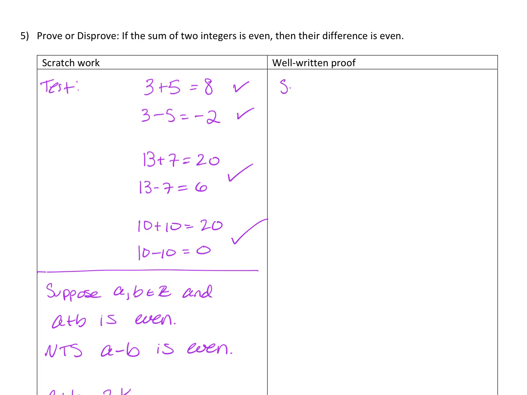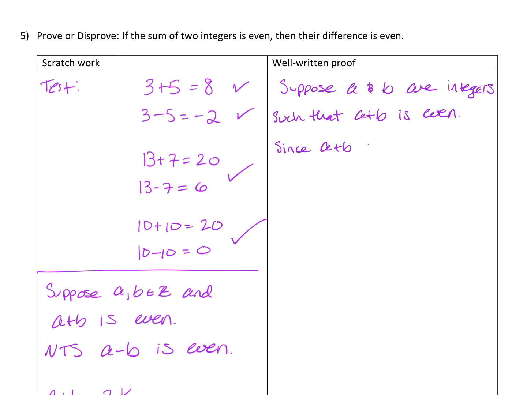So I start with: suppose a and b are integers such that a plus b is even. Since a plus b is even, a plus b equals 2k for some k in the integers.